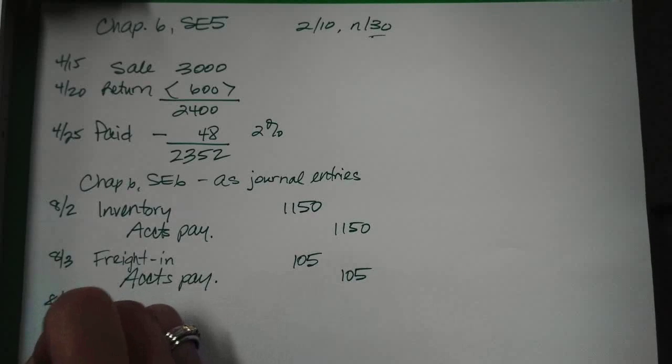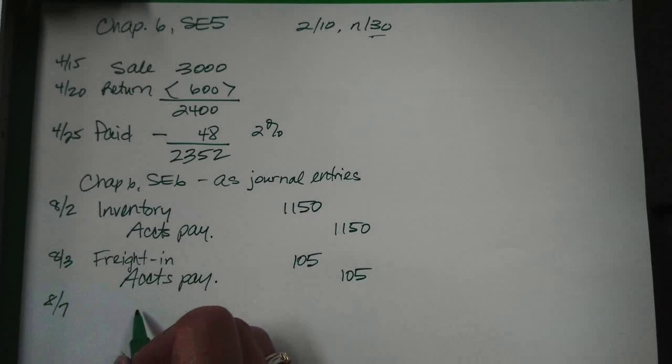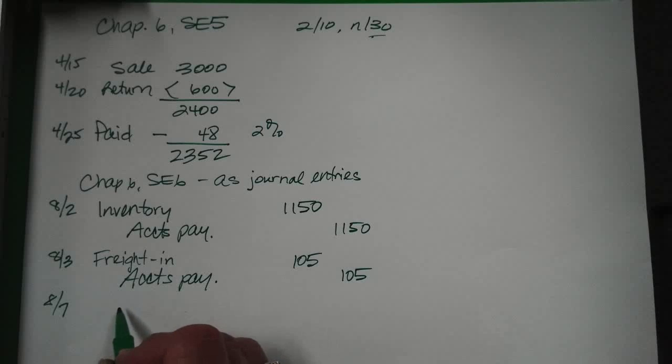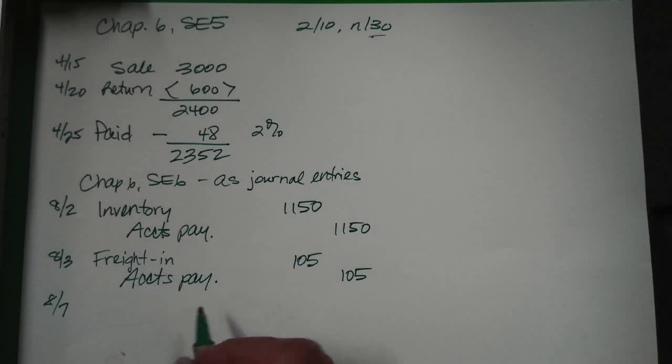Okay? August 7th. We returned damaged merchandise received from Vera on August 2nd for credit, $180. On the perpetual method, when we want to return goods, we actually just take them out of our inventory.